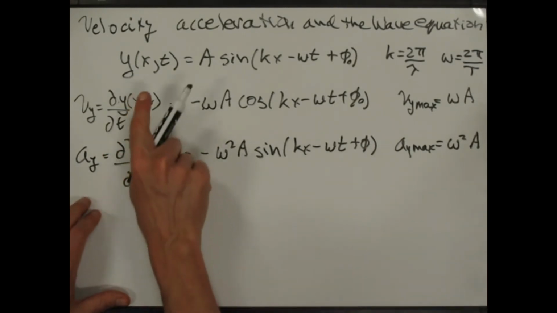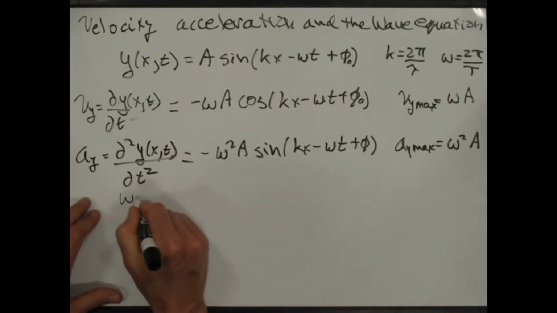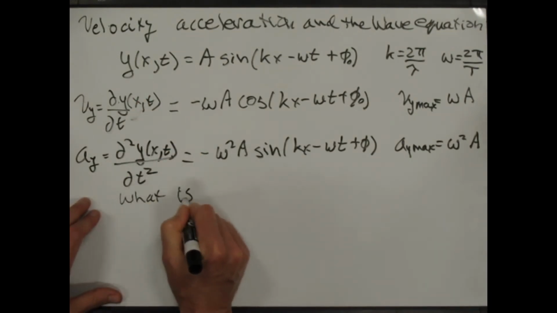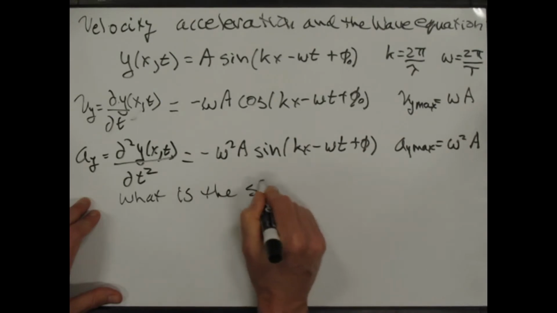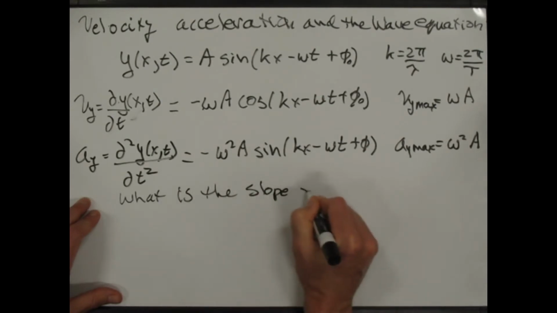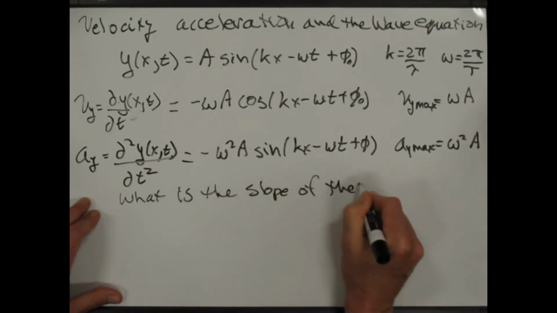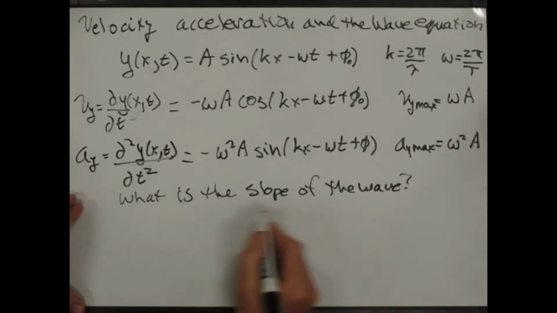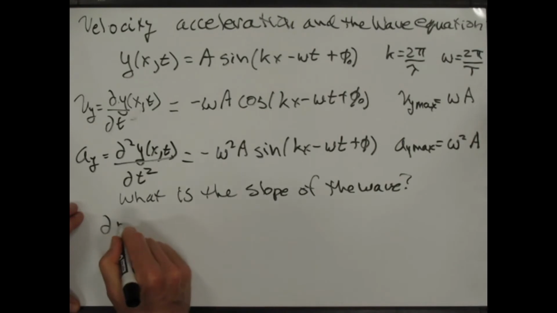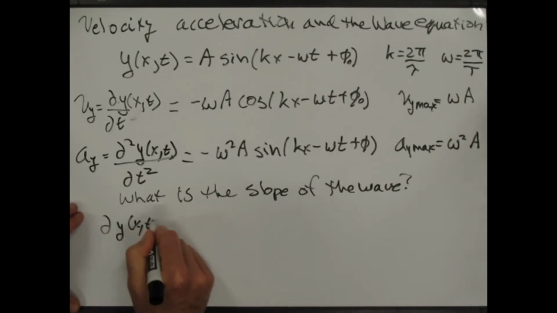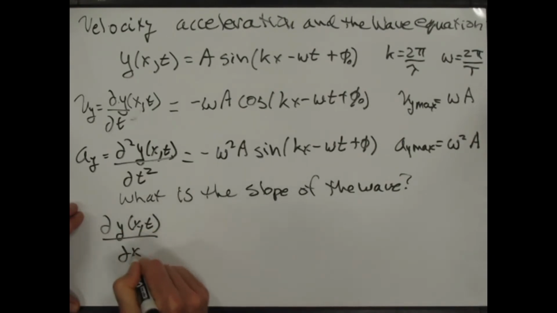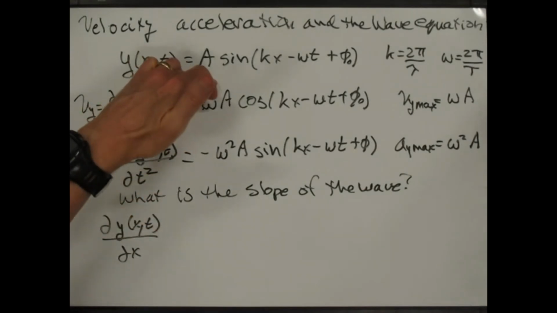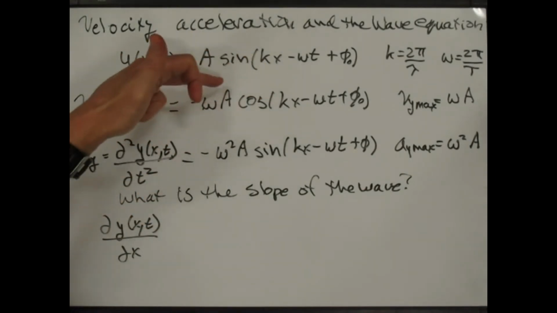So we can also look at the slope. To get that, we can say partial y, the derivative with respect to x, gives us the slope, and we're doing the exact same thing.